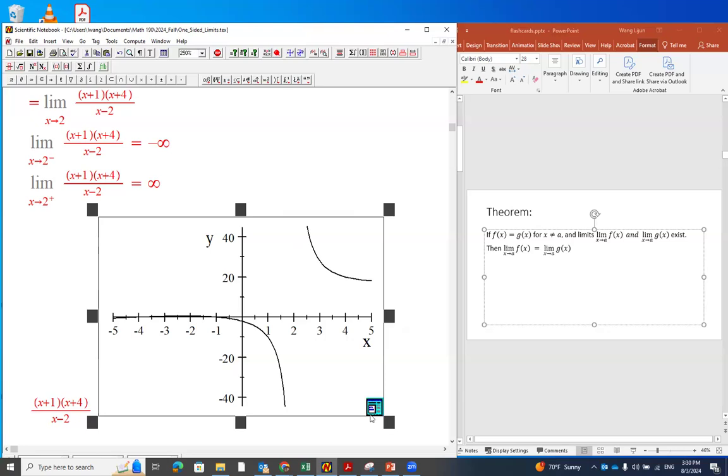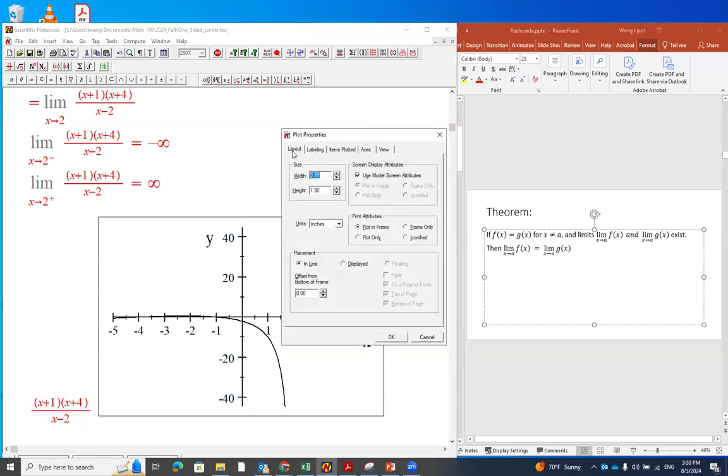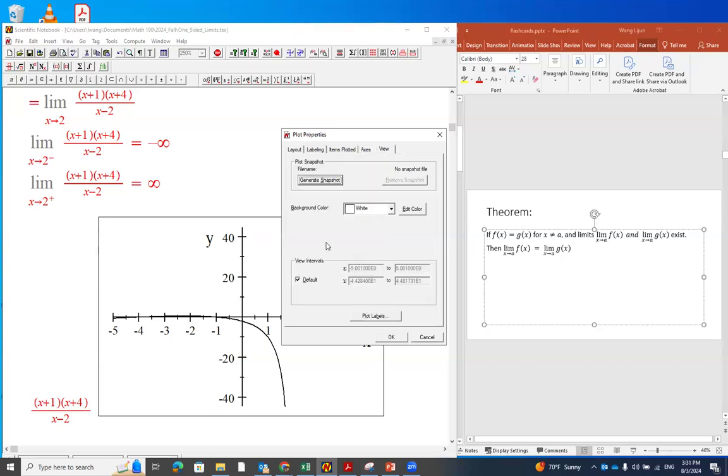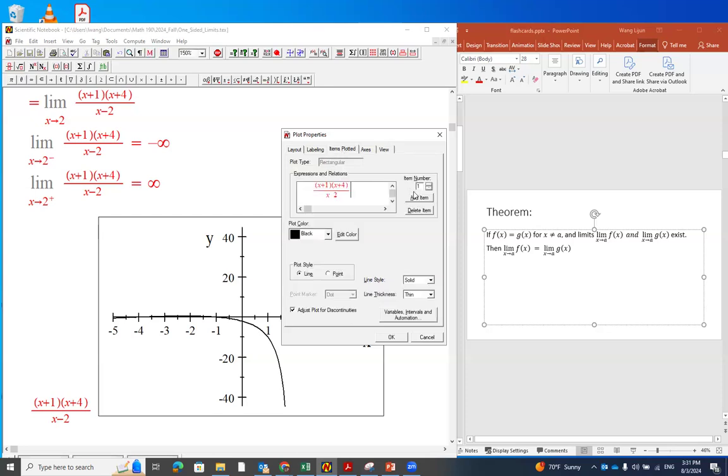So let me draw this vertical asymptote to show you. And we're going to draw, excuse me, the vertical asymptote.